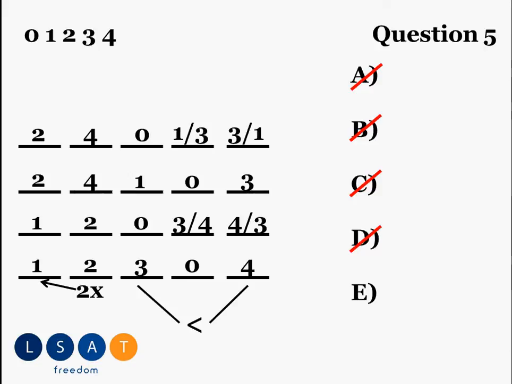Are there at most 2 spaces between 2 and 4? Well, 2 and 4 appear together in the top 2 templates, so that's fine. And then in the bottom ones, we've got potentially one space between 2 and 4, so that's okay.